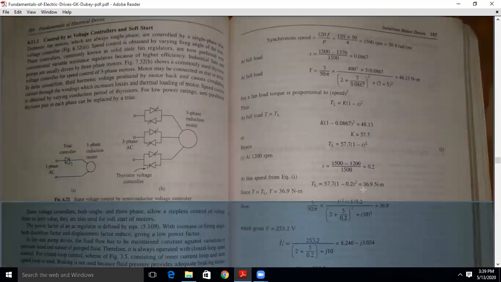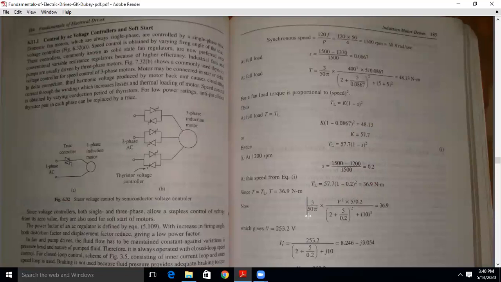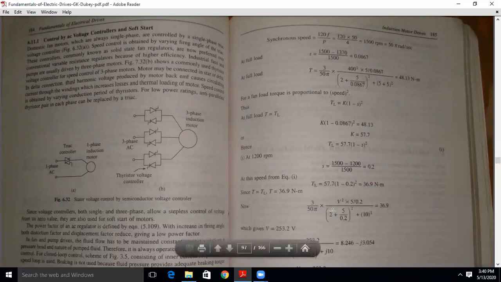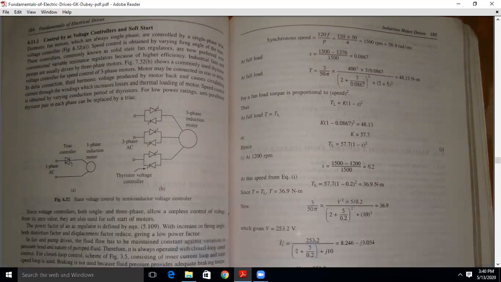So TL is 36.9, and this is the equation for the torque: 3 by omega_s, V square into 5 divided by 0.2, over (2 plus 5 divided by 0.2) square plus 10 square. Here 0.2 is the slip corresponding to 1200 RPM. By putting in all these values, we can calculate V. This V is 253.2.